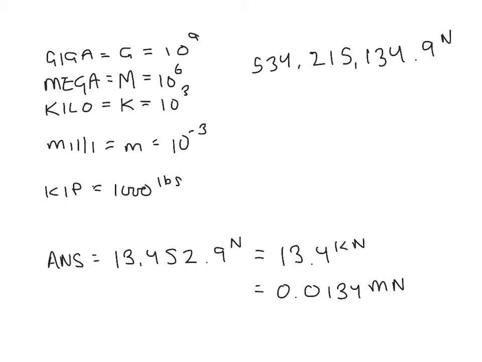If you started your problem in newtons and you receive this answer in your calculator, then you will convert this to 534 meganewtons. You see that we completely bypassed the kilonewtons because the number was so large. So we're going to specify this in 534 meganewtons. Again, if you want to write 534.2 or 0.21, that doesn't matter too much to me in this class, but the point is to be able to convert this.